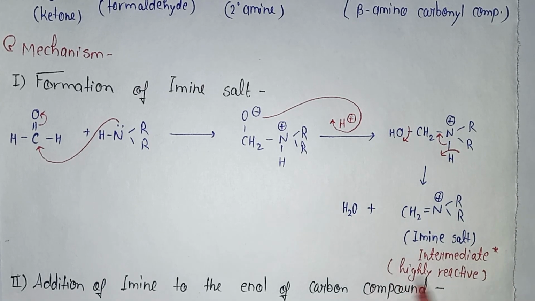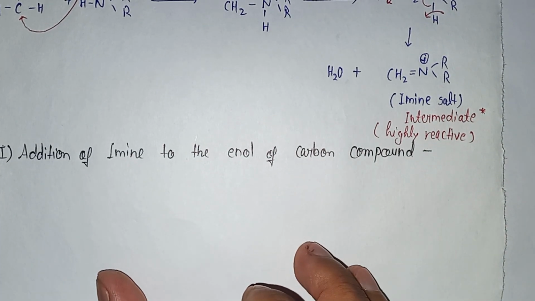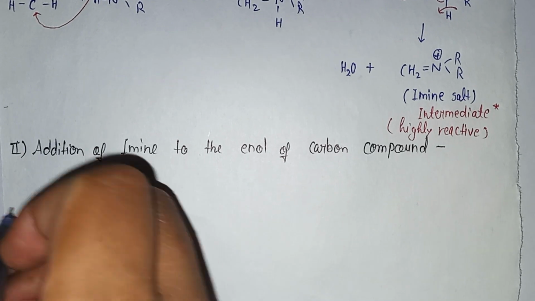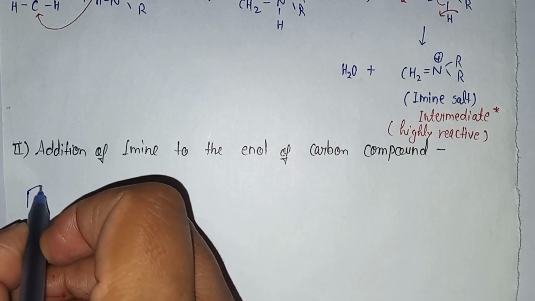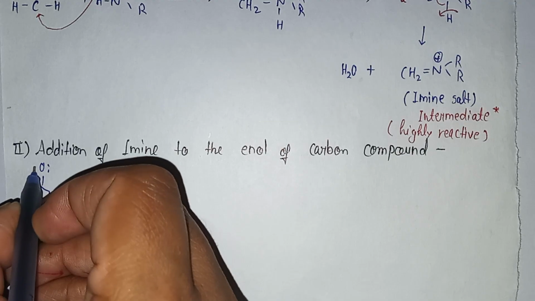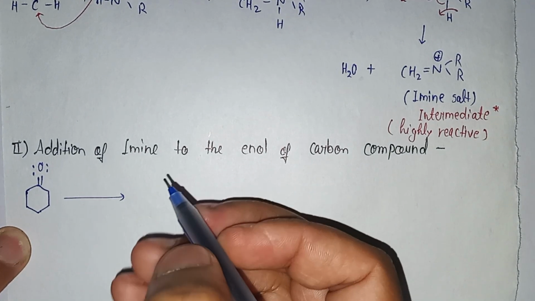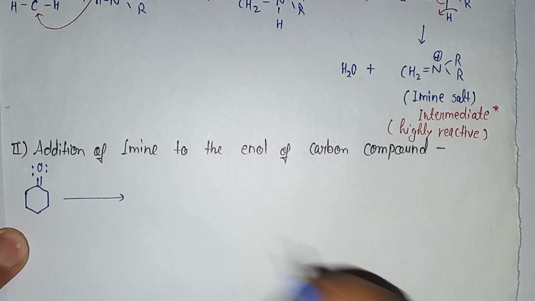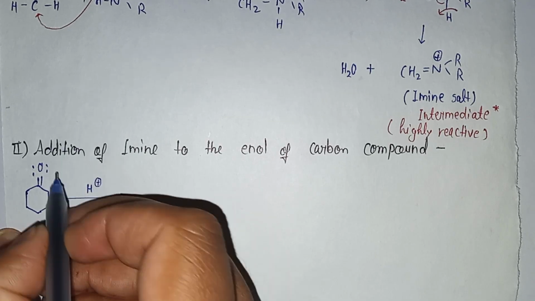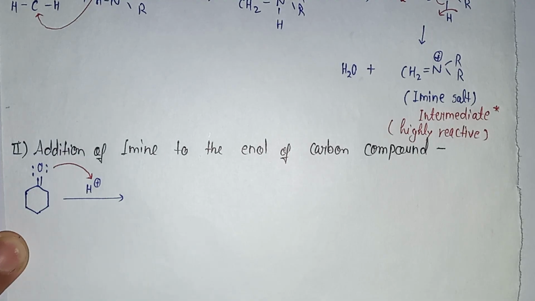Now the second step is addition of the iminium to the enol of the carbonyl compound. So now we are using our ketone. This is hexanone, the ketone, having two lone pairs of electrons. First the HCl or acid gives the proton, and this proton is abstracted by the lone pair of oxygen.